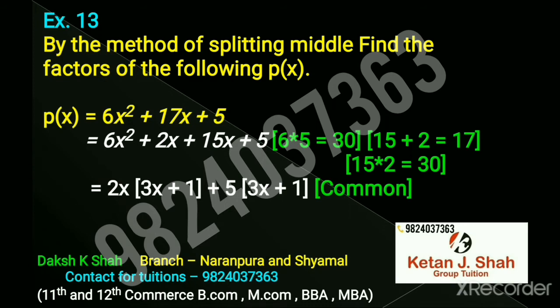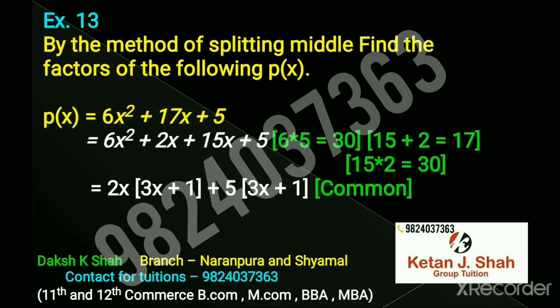Note this, that you will always get one bracket which is common. So this bracket right here should always be common. If they are not common, then consider rearranging the terms or checking the common factors that you have taken out.